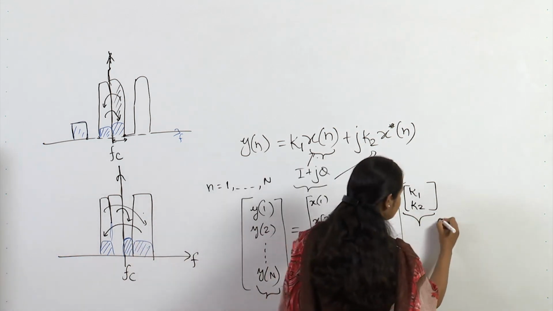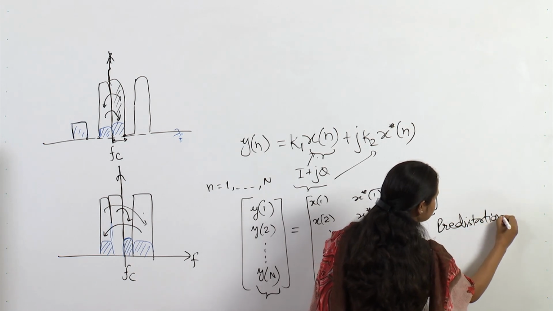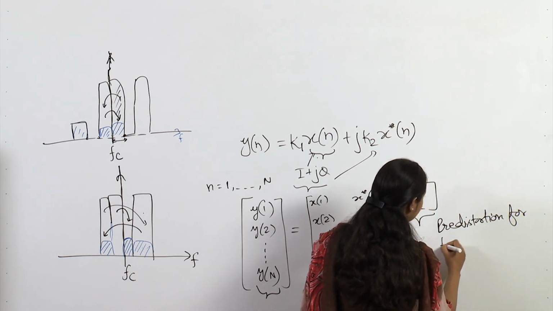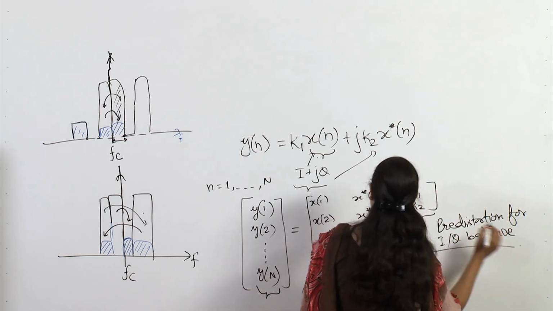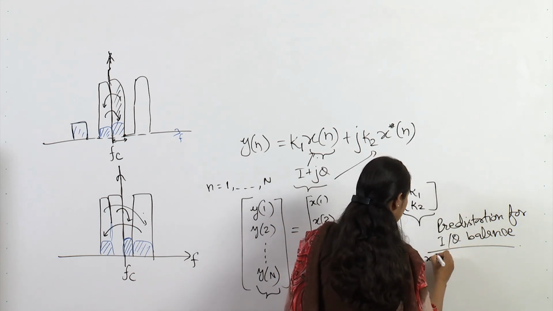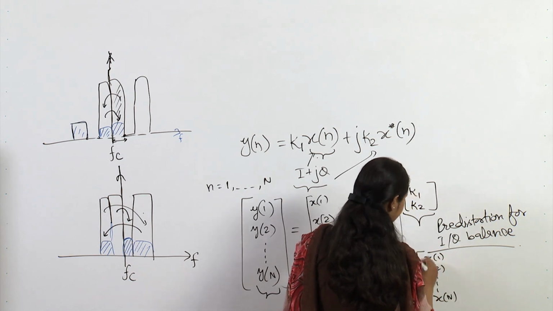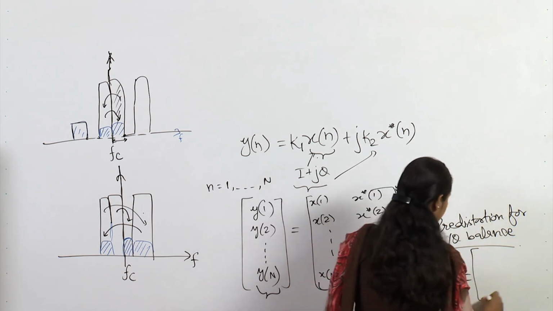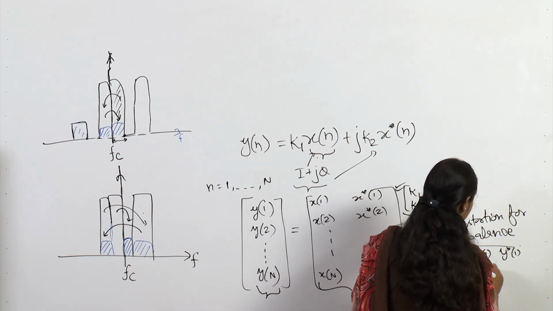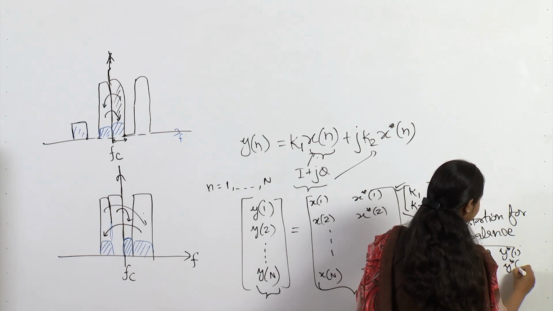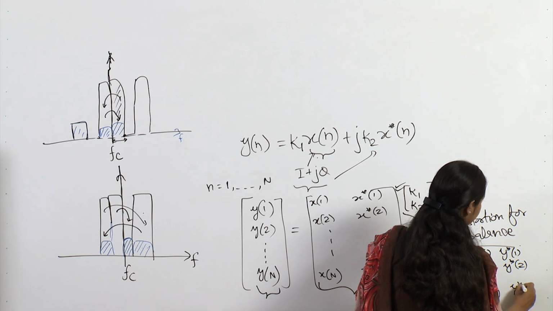So, predistortion for IQ imbalance in the offline mode, we will do the mapping of x1, x2 till xn, and y1, y conjugate 1, y2, y conjugate 2 up to yn, y conjugate n.